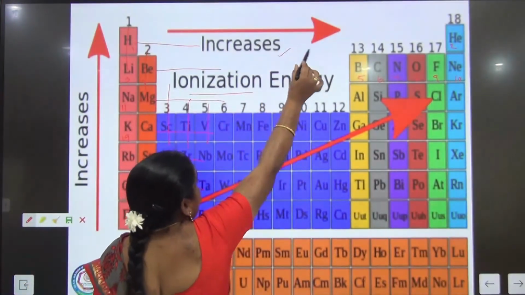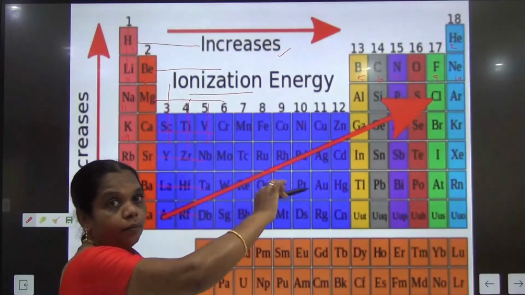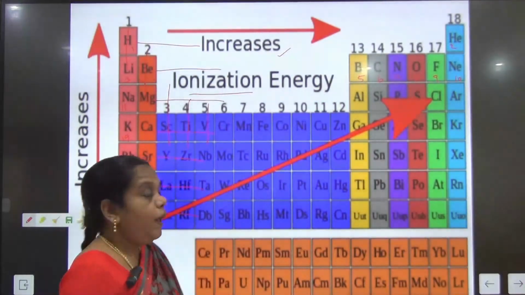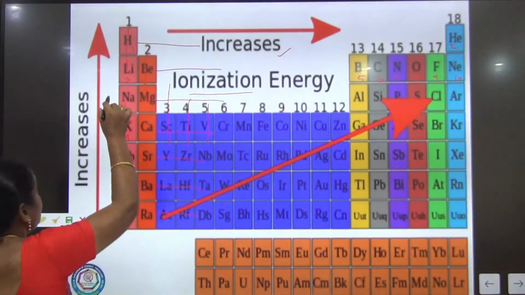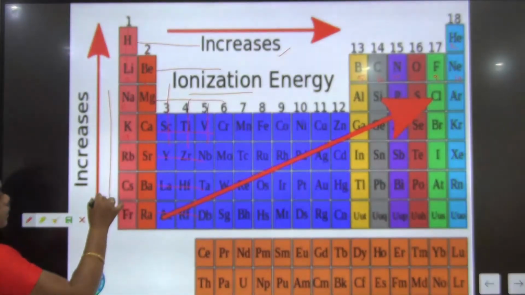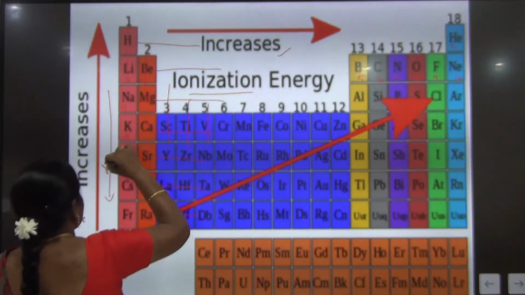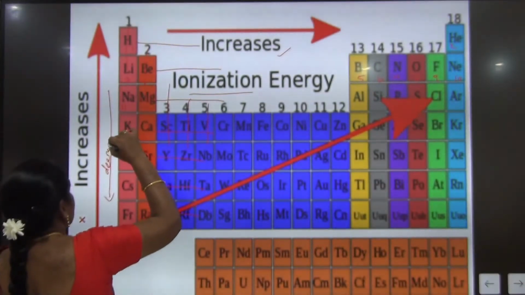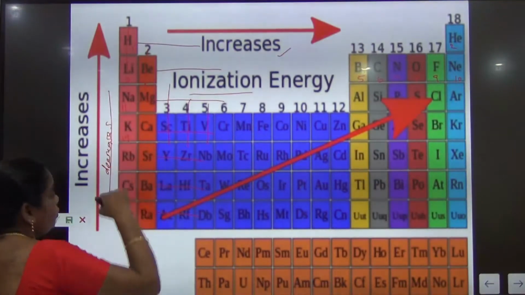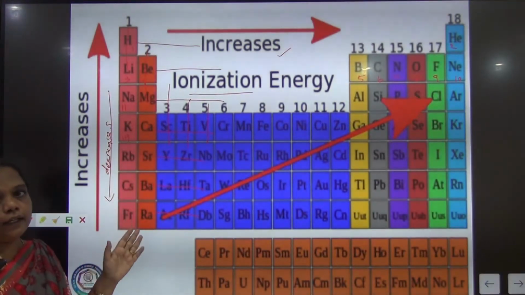And if you compare down the group, it decreases. Down the group it decreases.